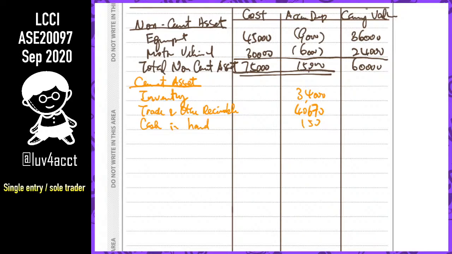It is kept as a cash float, which means it is always there. So 34,000 plus 40,670 plus 150 is 74,820, and then the total assets being 134,820. Okay, total.